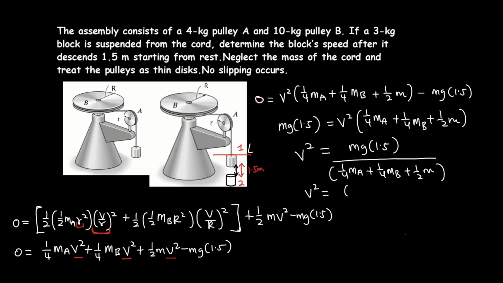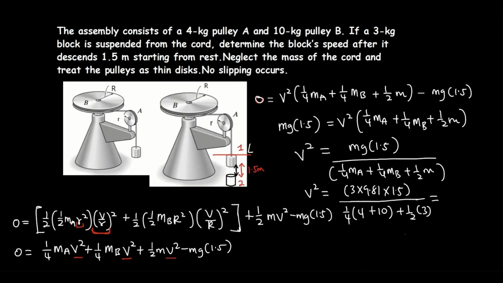So you are going to have 3 times 9.81 times 1.5, divided by 1 over 4 into bracket MA, which is 4 kilogram, plus MB, which is 10 kilogram, plus half M, which is 3 kilogram.